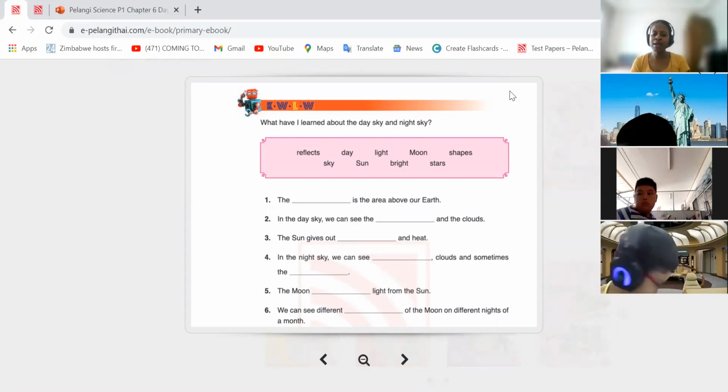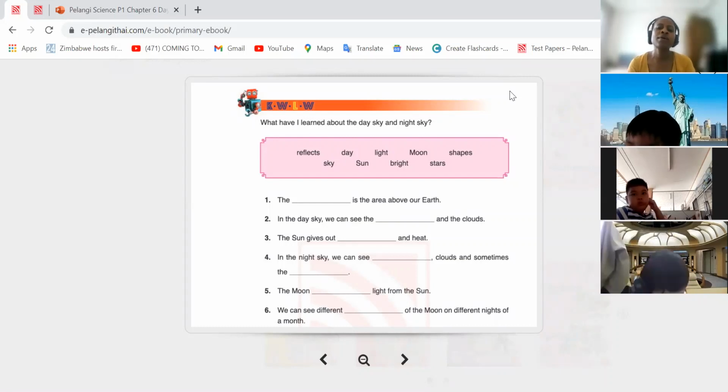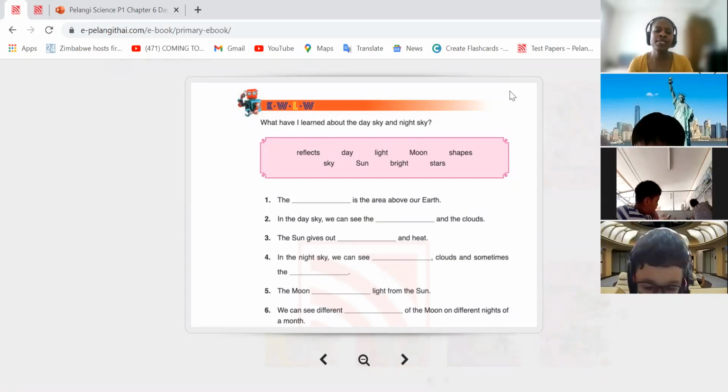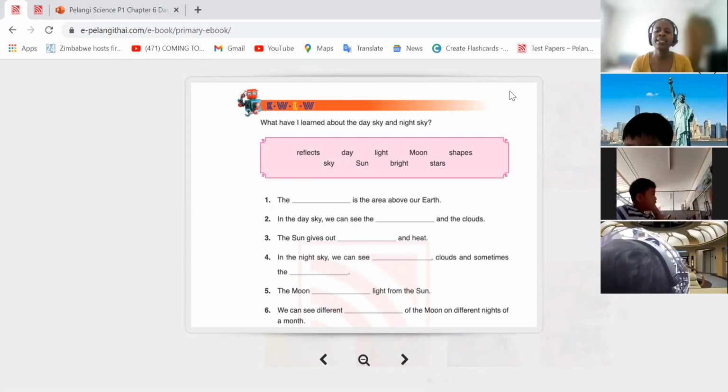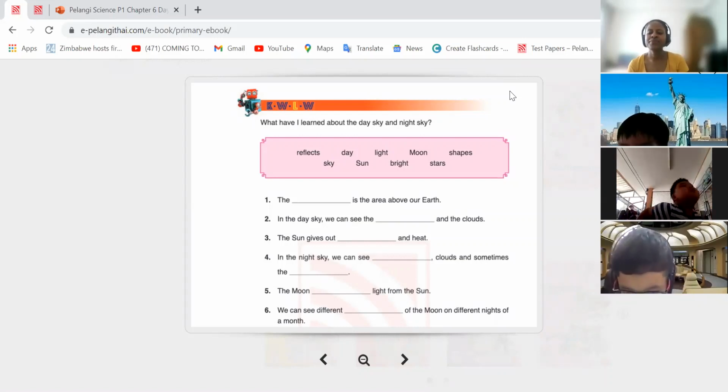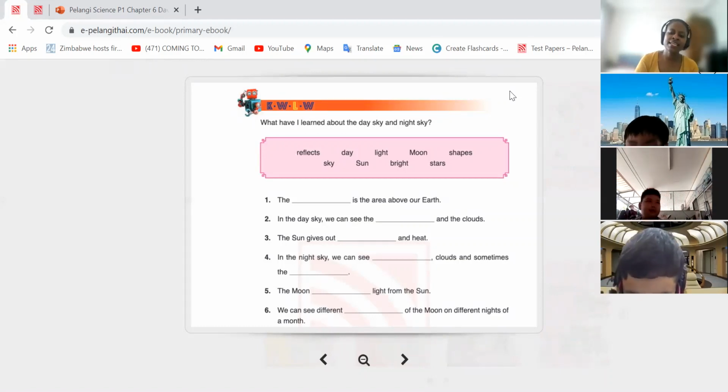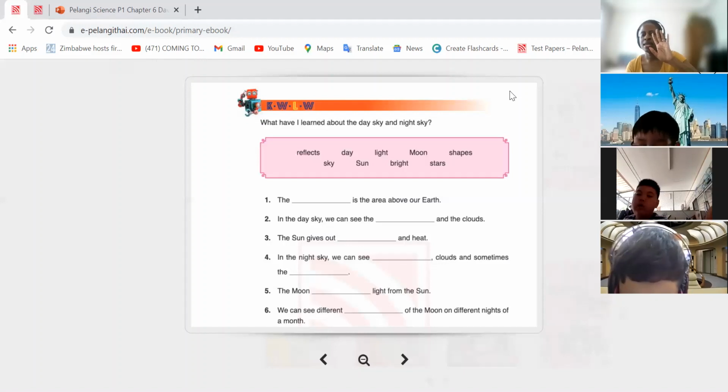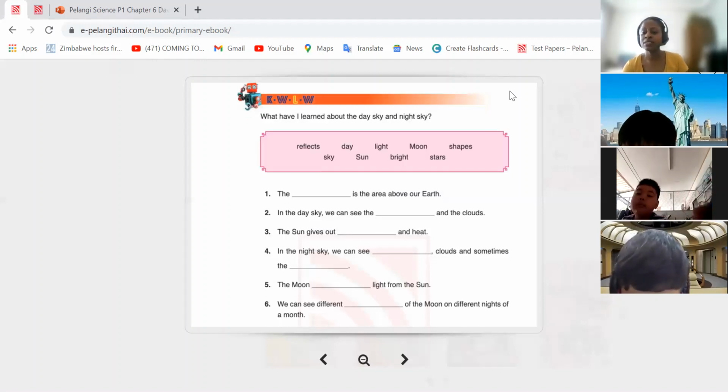If we still have time, we can look into something else. Page 99. Are we all there? Nachinon, are you on page 99?